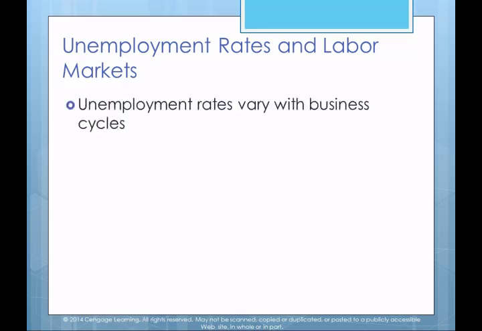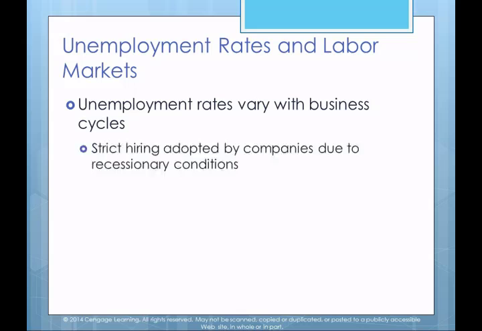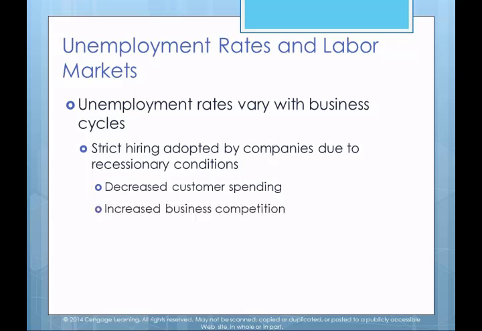Unemployment rates and labor markets. Unemployment rates vary with business cycles, obviously. Strict hiring adopted by companies was due to the recessionary conditions. Obviously, after 2008, the financial crash really burdened the market and sometimes companies laid off several individuals. Decreased customer spending may be another reason for potential issues in the labor market.